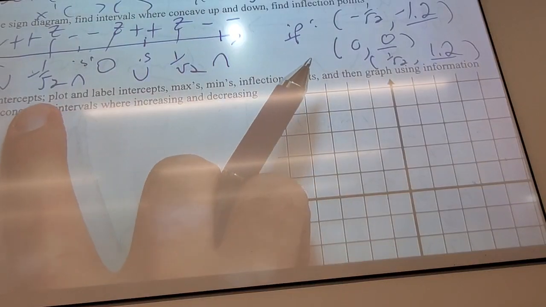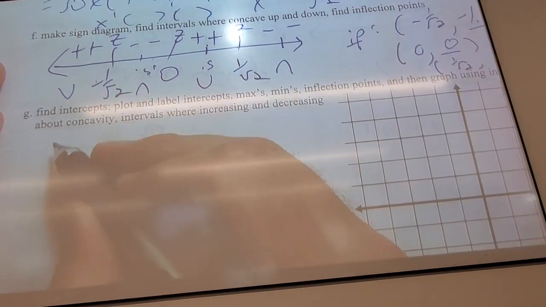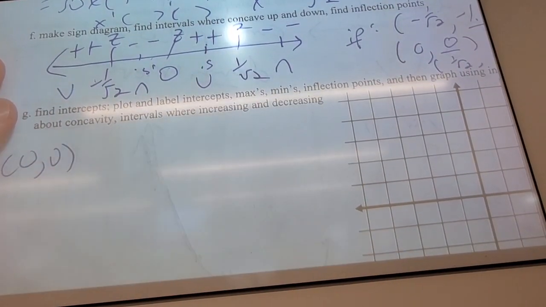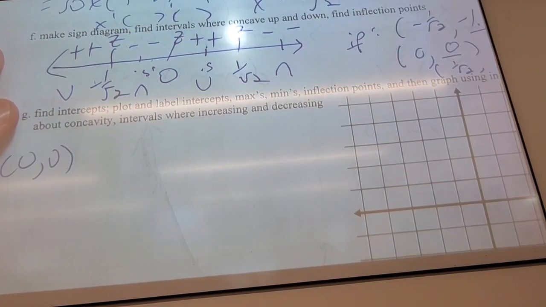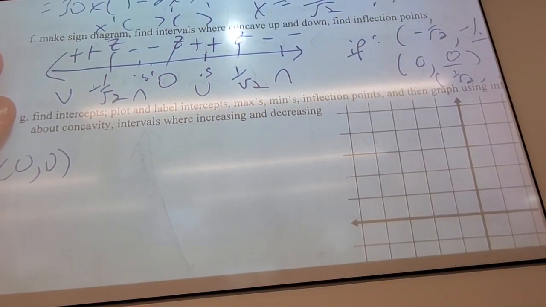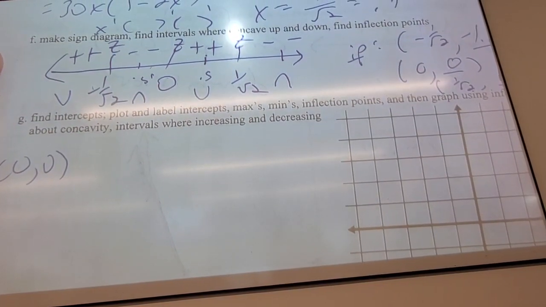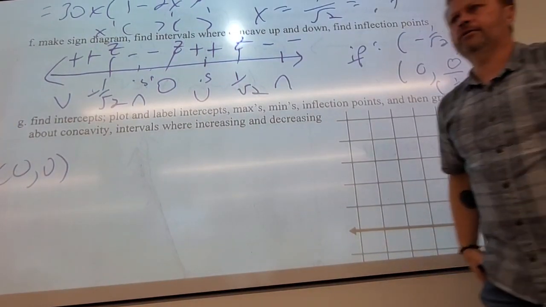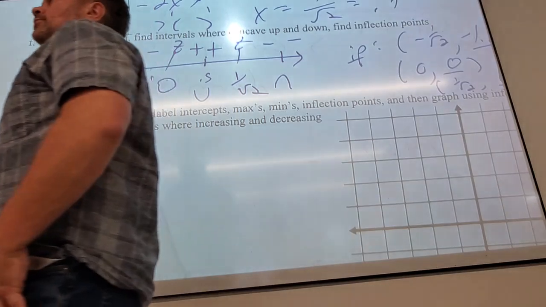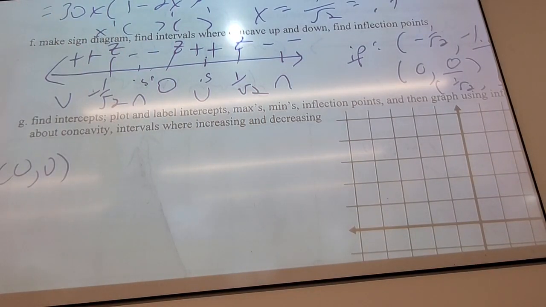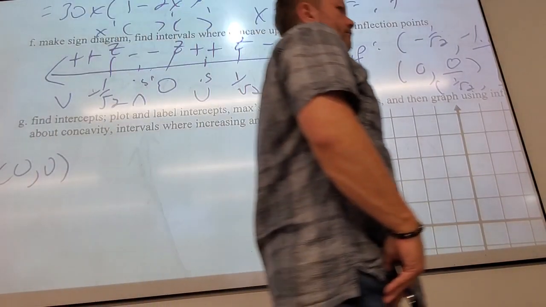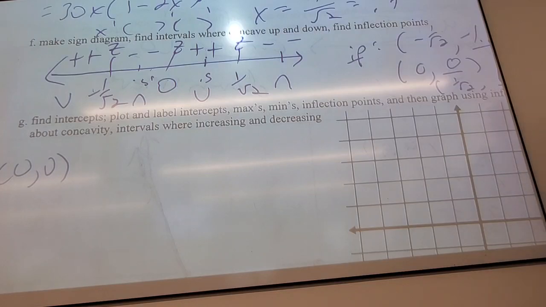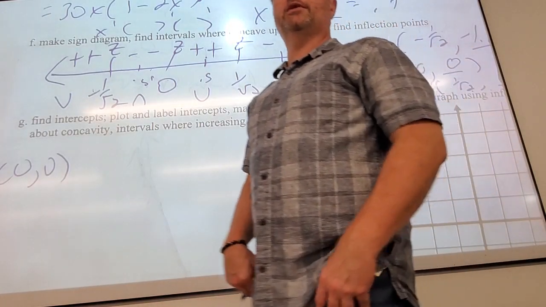So let's see. We know some intercepts already. We got 0, 0, correct? That's the y and an x intercept, yes? Can you guys take a moment and figure out if there's any more intercepts? There could be more x-intercepts.